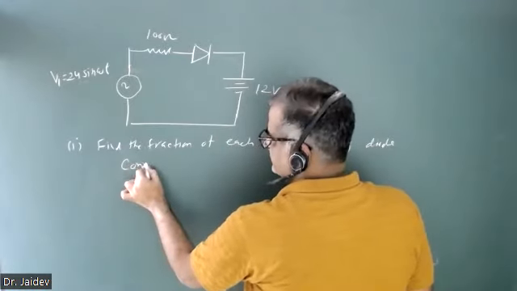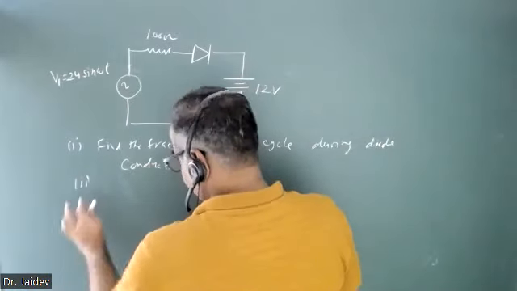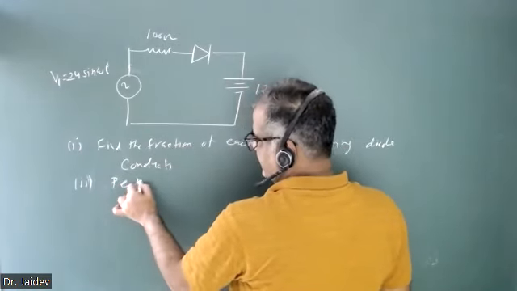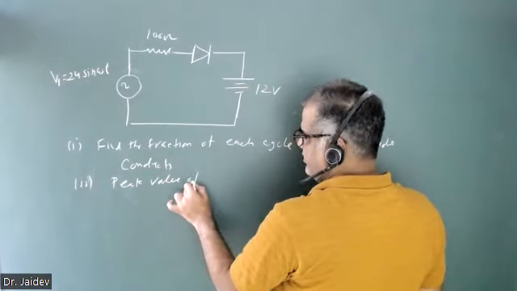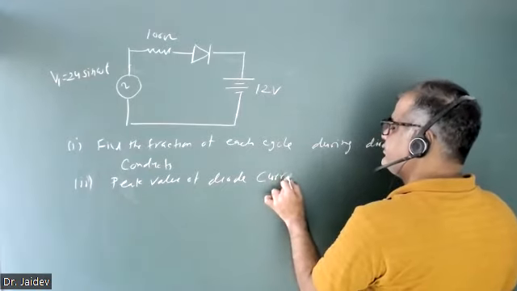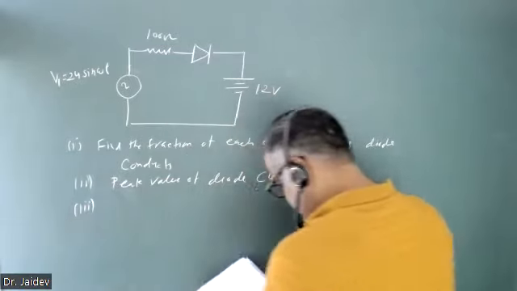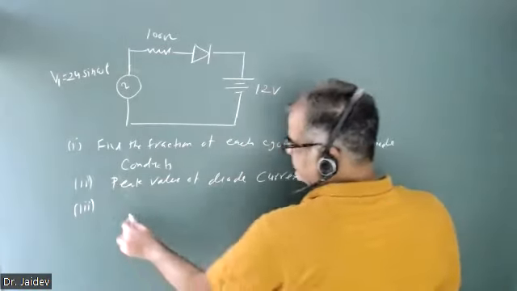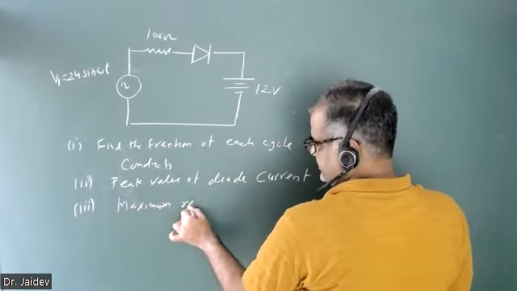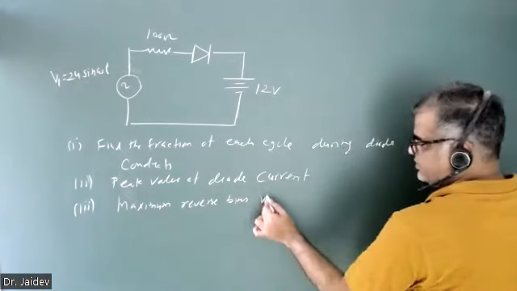The second question is: find the peak value of diode current. And the third question is: what is the maximum reverse bias voltage on the diode?